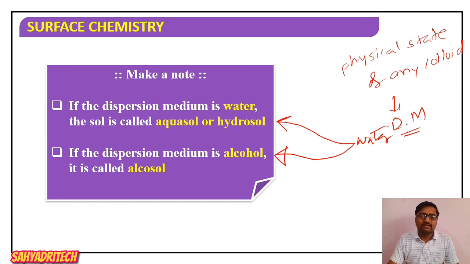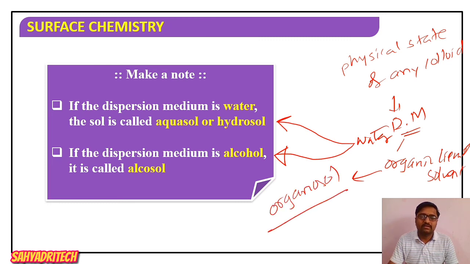In general, if the dispersion medium is any organic liquid or organic solvent, then it is called organosol. So remember, if the dispersion medium is water, it is called aquasol or hydrosol, and other than water, if it is any organic solvent, it is called organosol. Like if it is alcohol, it is called alcosol.